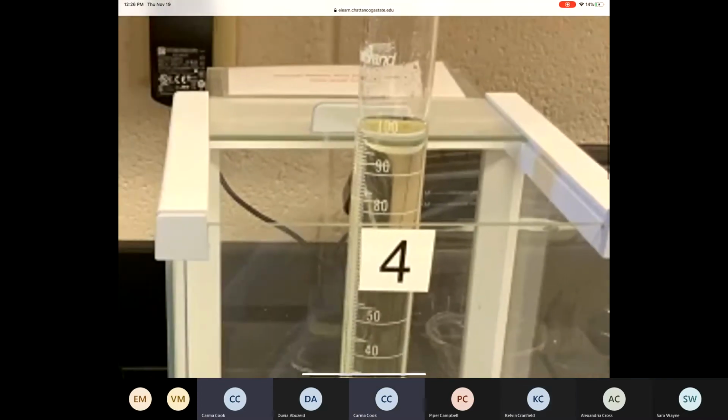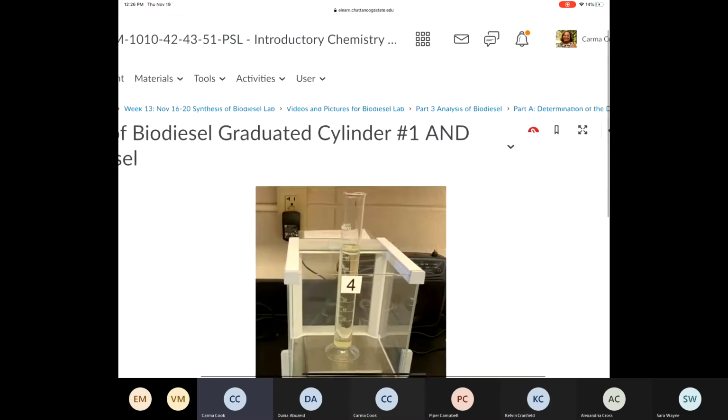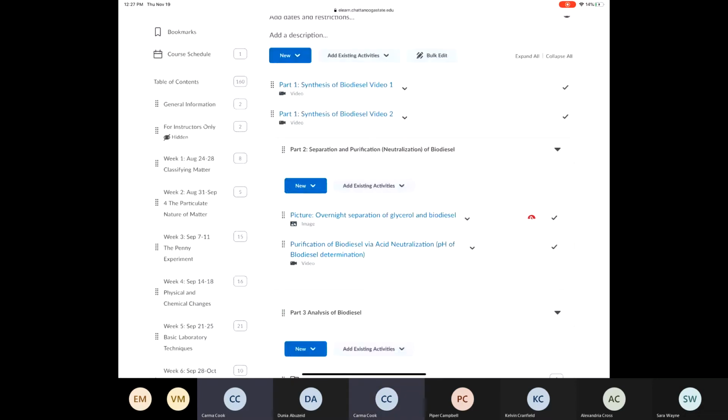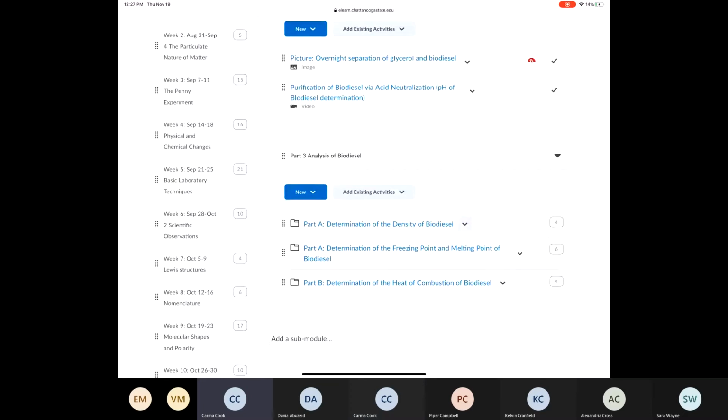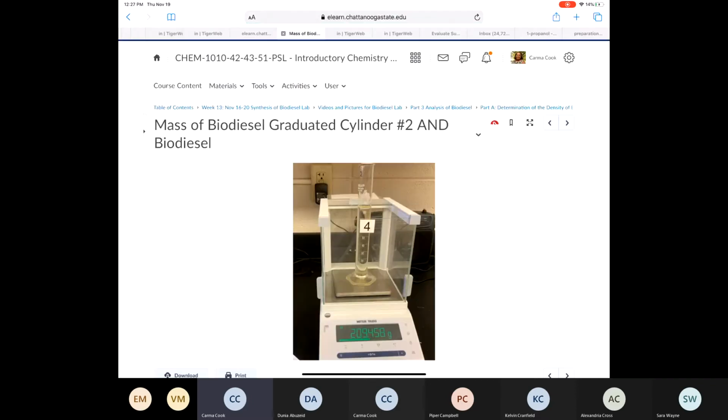And that one has 100 milliliters. And then cylinder number 2. That one is 87. Okay, thank you.